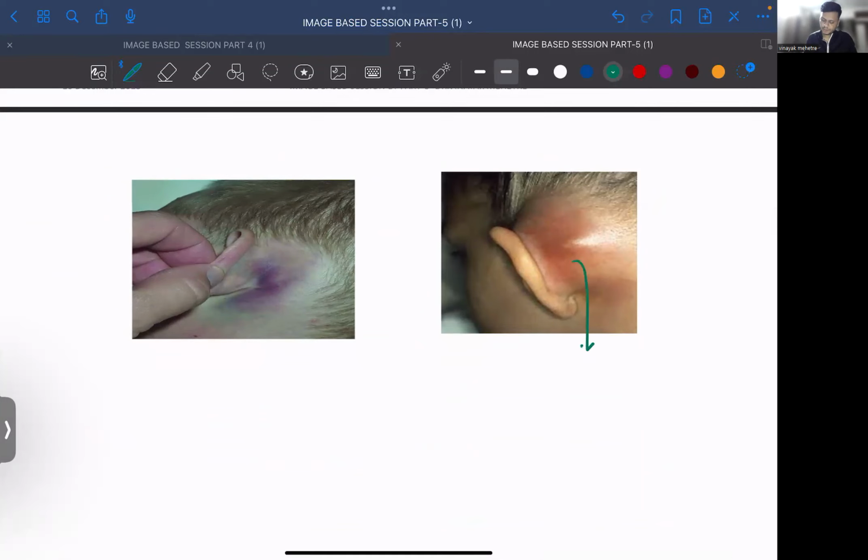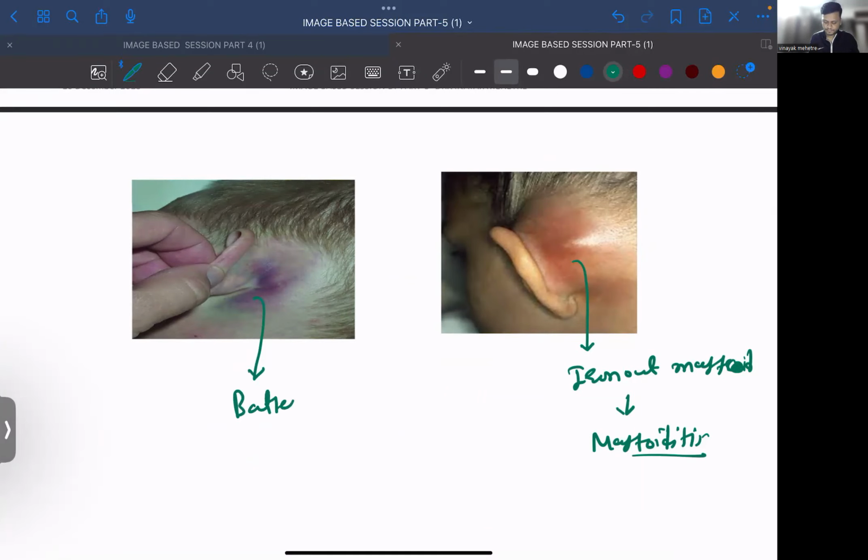Redness on the mastoid, what we have called iron out mastoid, right? It is found in mastoiditis. Bluish discoloration on the mastoid is called Battle sign. Where is it seen?